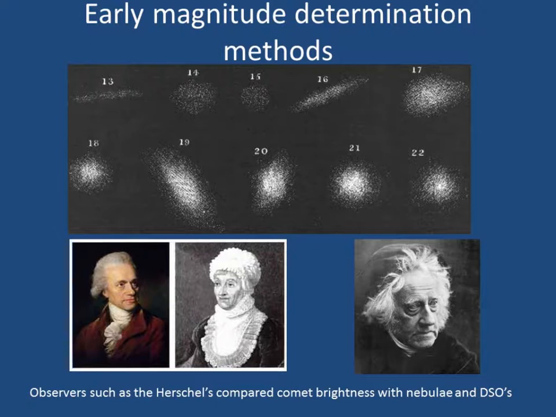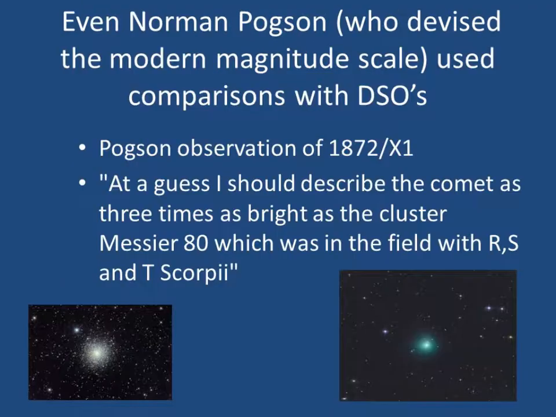Even Norman Pogson, the guy who developed the stellar magnitude scale, used this. He said of this observation in 1872 X1, "I guess I should describe the comet as 3 times as bright as the cluster M80." Well, what does that mean? Not a lot. It was just a way of saying what was happening and what he thought the brightness of the comet was.